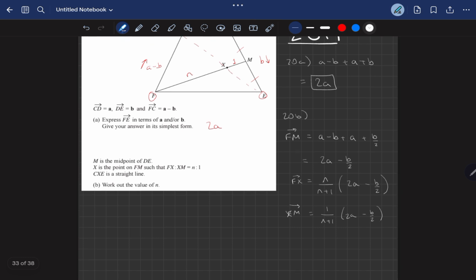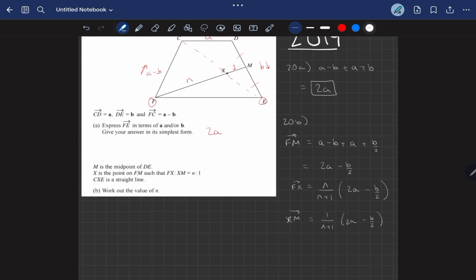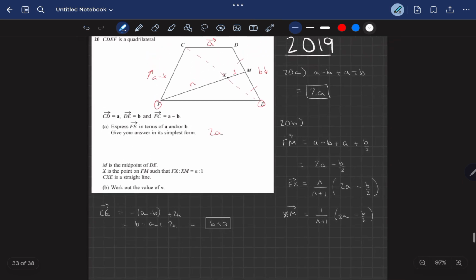So we can just match up the coefficients to find the value of n. That might be a bit confusing, so I'll show you how we do it. First, let's find what CE is. CE is equal to negative (A minus B) plus 2A, which is the same as B minus A plus 2A, and this is equal to B plus A. Now, we know that CX is going to be a fraction of B plus A, because they lie along the same line.